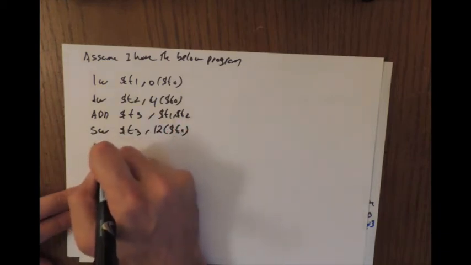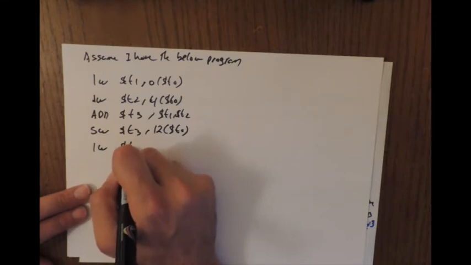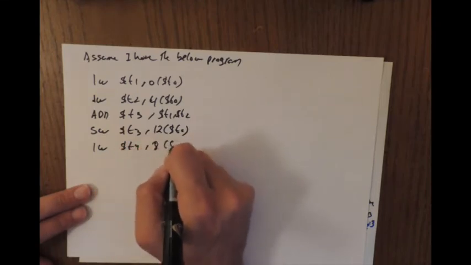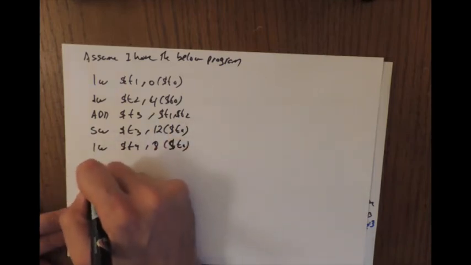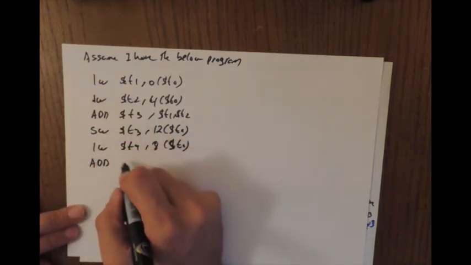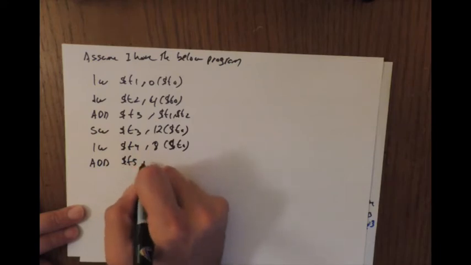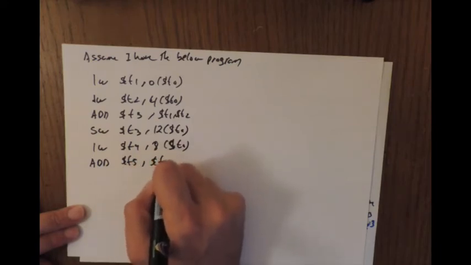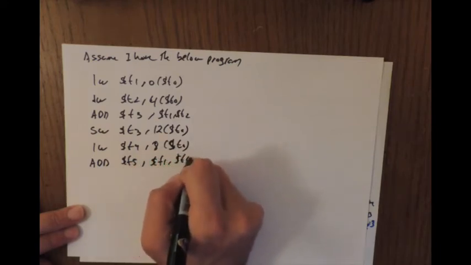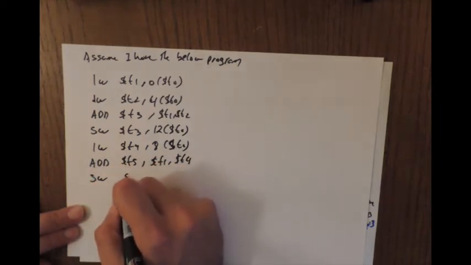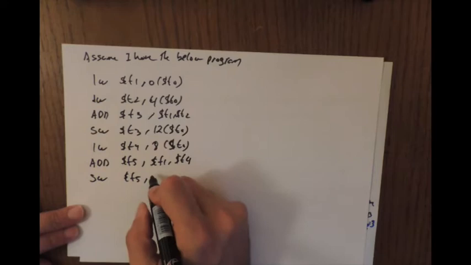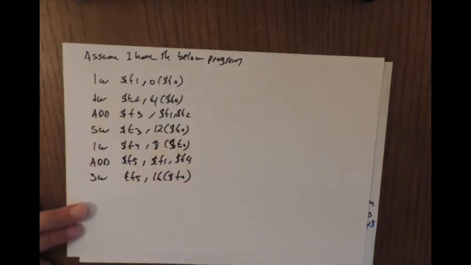Then I have load T4 8(T0). Then I have add T5 T1 T4, and finally store T5 16(T0).